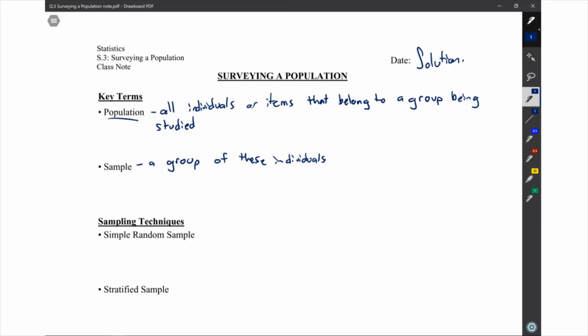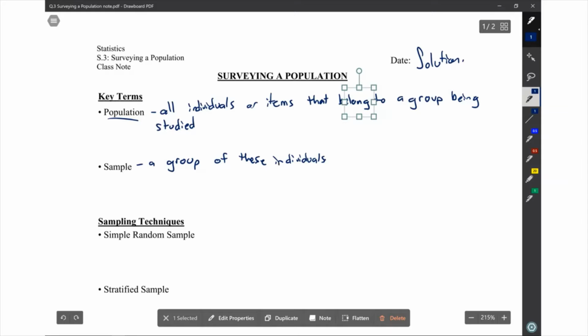If you're looking to find out what Canadians think, it's not very practical to go and ask every single Canadian in the country or out of the country. A more practical decision is to take a sample of this population, just ask that sample, and then you can make some assumptions based on what they say to predict what the others would have said.